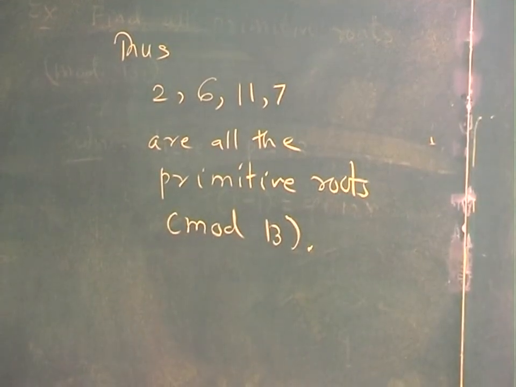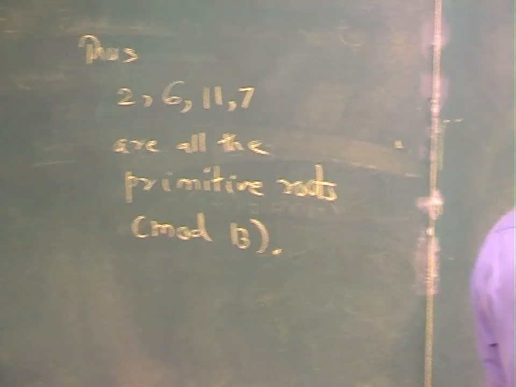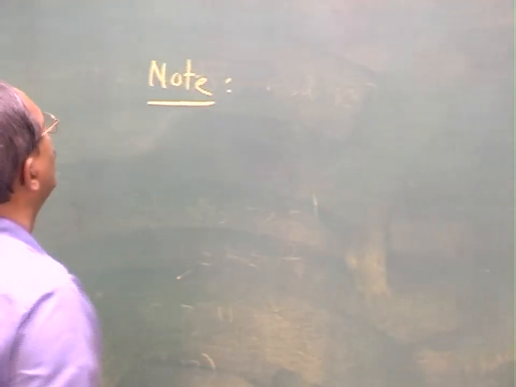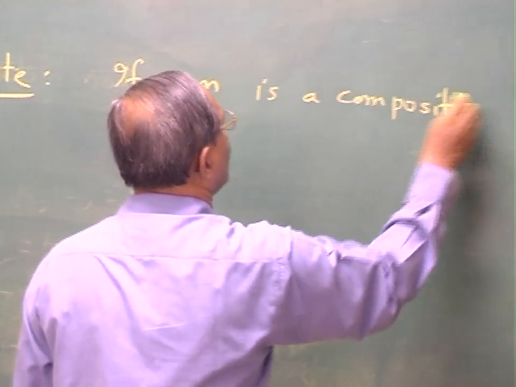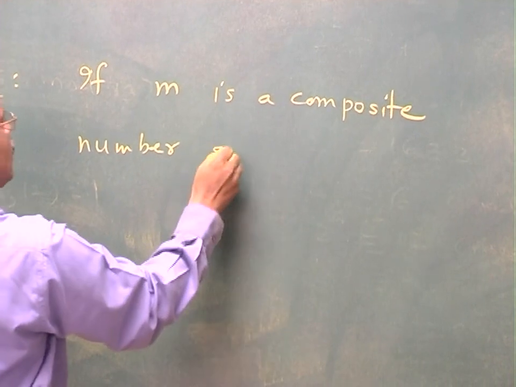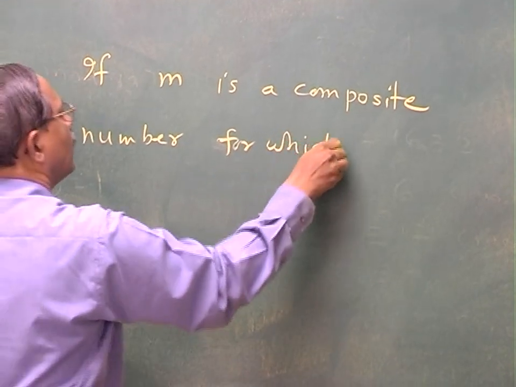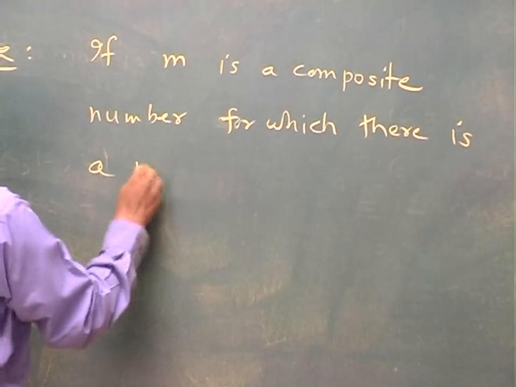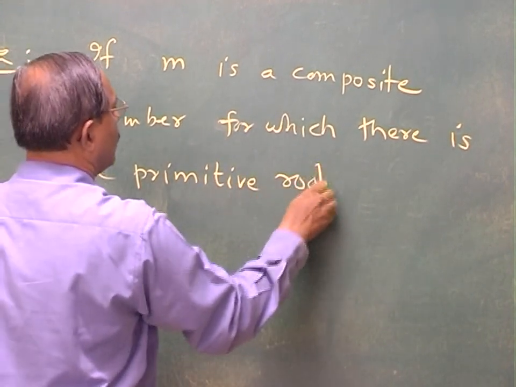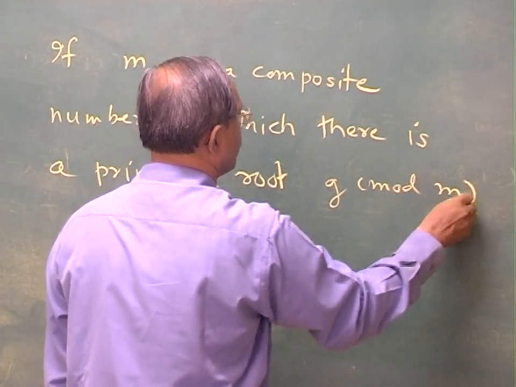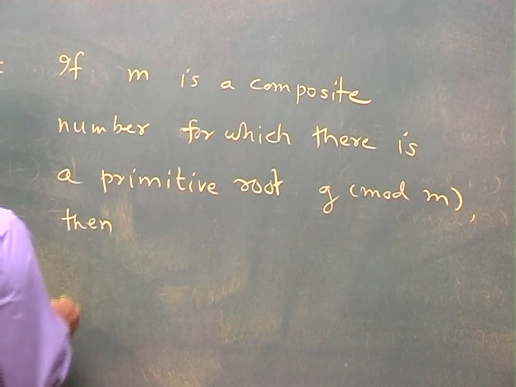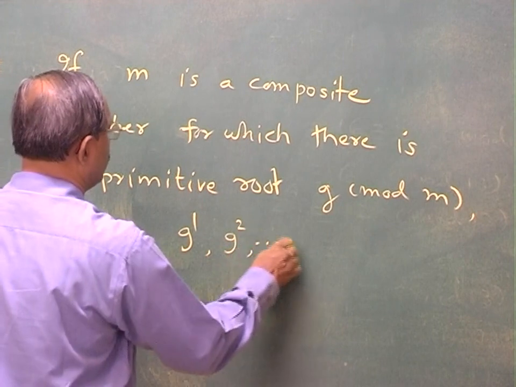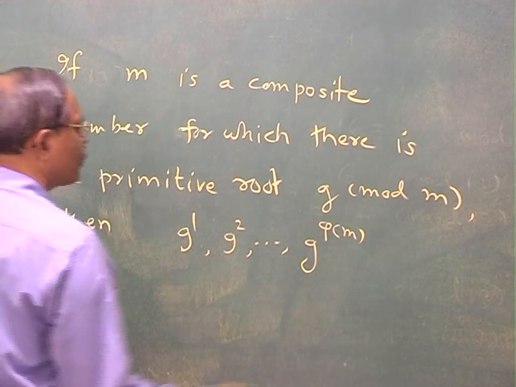So if m is a composite number for which there is a primitive root G mod m, then G raised to 1, G raised to 2, etc., G raised to phi m, which is congruent to 1.